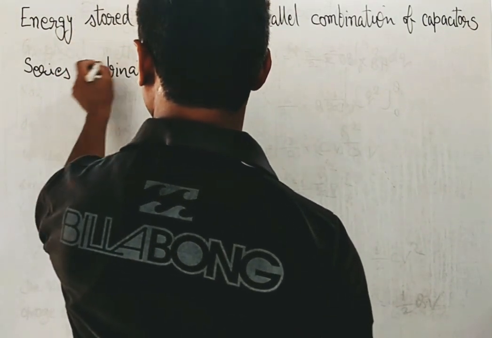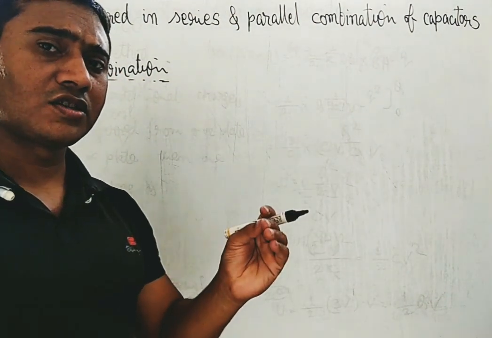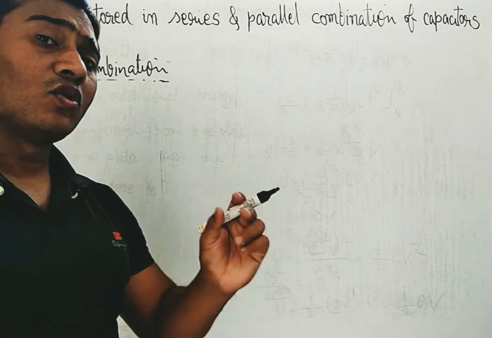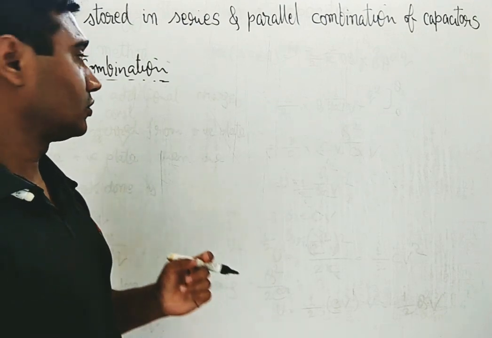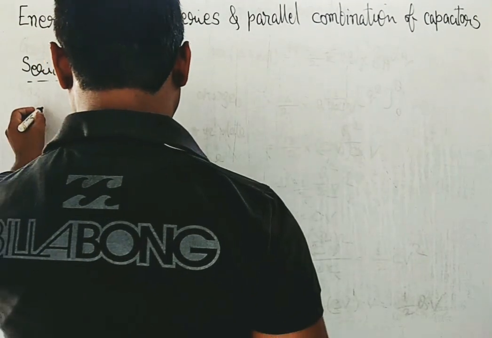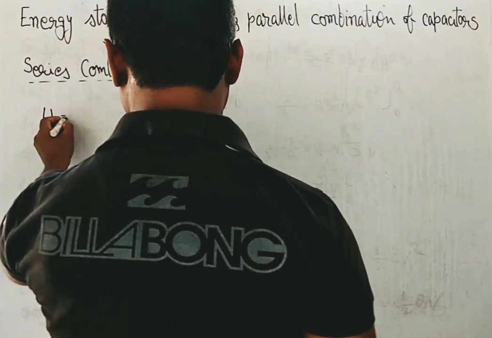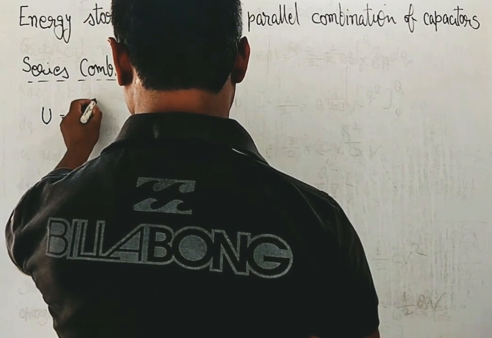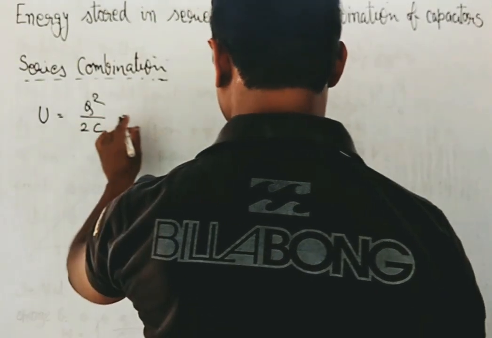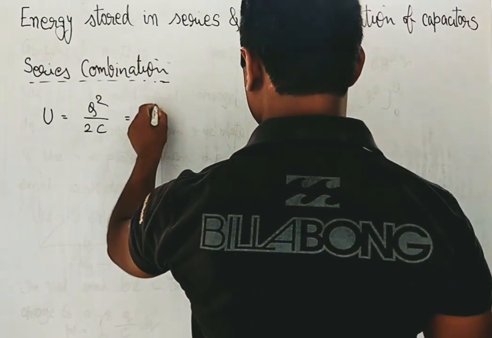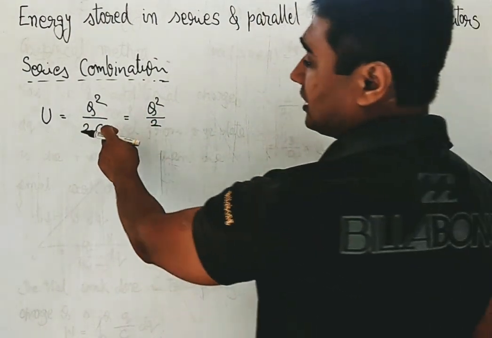In case of series combination, it is the charge that remains constant between the plates of all capacitors connected in series. So here we will be writing that the energy stored U equals Q square upon 2C. This will be further written as Q square upon 2 into 1 upon C. Now what is C?